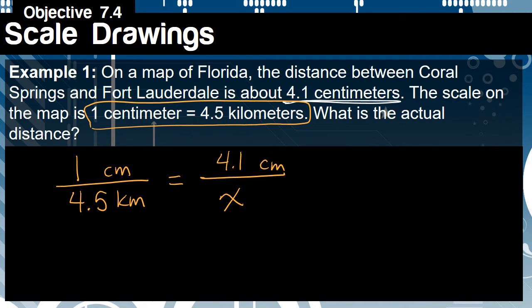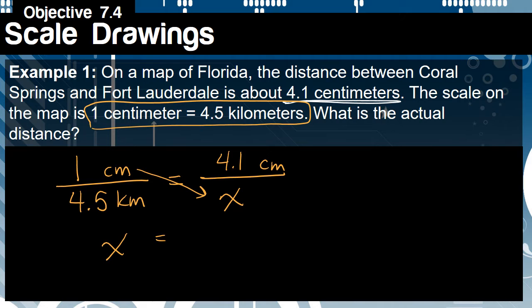To solve for x, let's go ahead and cross multiply. When we cross multiply, 1 times x gives us x being equal to 4.5 times 4.1. Let's do it right in the calculator. Sorry, I'm making mistakes on my calculator.